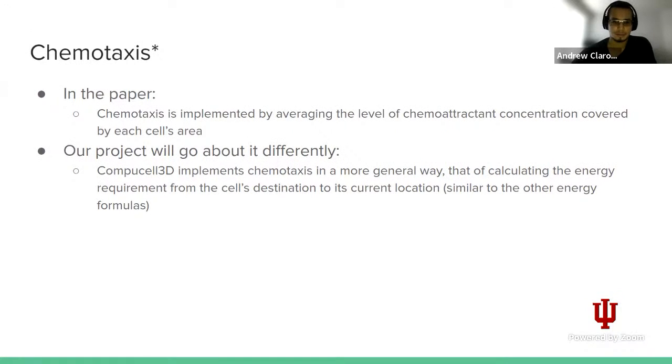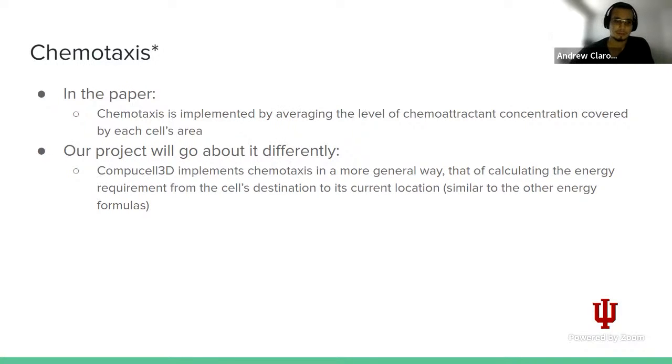And so with how they did chemotaxis in their paper was that they averaged the level of chemoattractant concentration covered by each cell's area. But we're going to do it differently, whereas in the CPM model, a lot of the behaviors and attributes that are implemented are based off of minimizing energy.